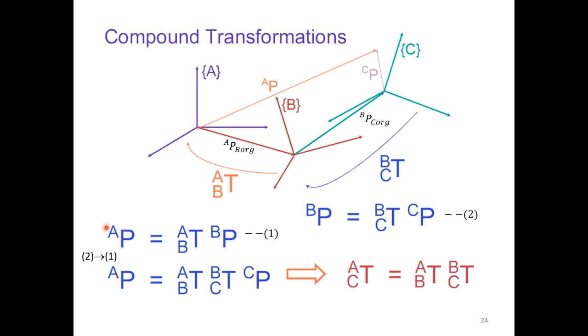So this is the process. First, you write down the very familiar equation between A and B. If there's any vector attached to B, like BP, for example, and you pre-multiply it with ABT, what you get is the description of that vector with respect to A. That is equation number 1.